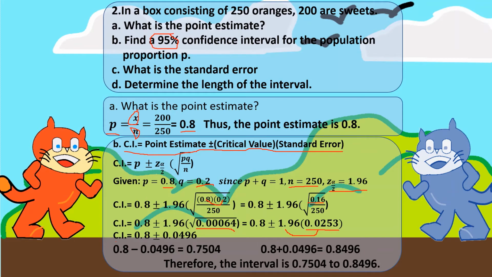So we multiply 1.96 and 0.0253. So our CI is 0.8 plus minus 0.0496. We subtract 0.0496 from 0.8 and we add 0.0496 to 0.8. Therefore the interval is from 0.7504 to 0.8496.